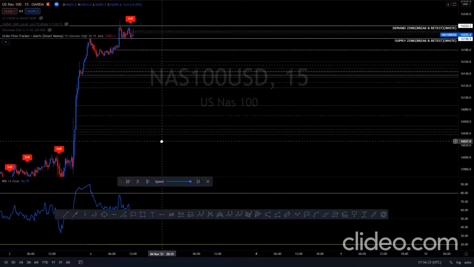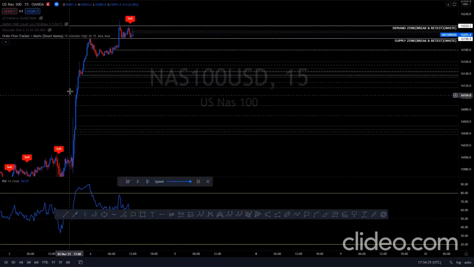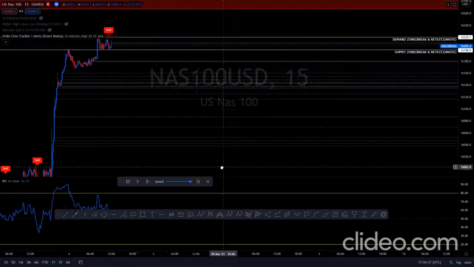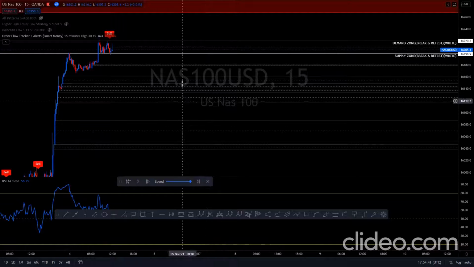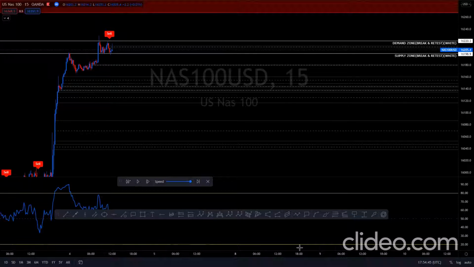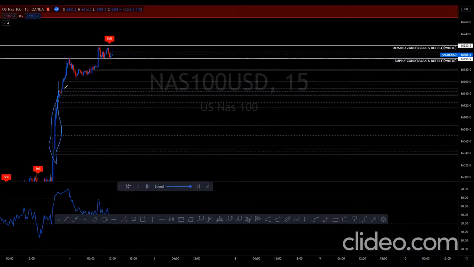And just as I suspected, this run here created a lot of imbalance in the market. So then I use these as take profit zones if price ends up going that direction. Because when you understand imbalances, this is institutional. Imbalances cause inefficiency in price.